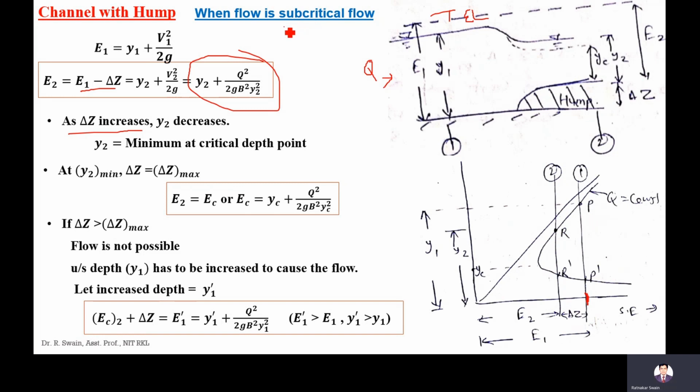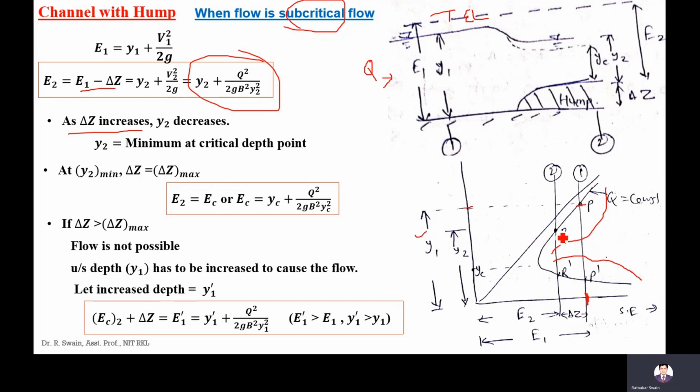Since we are considering only subcritical flow, we should only see this region and ignore this other portion. Now if E2 decreases, what will happen to the depth? This is E1 and this is Y1 at section 1.